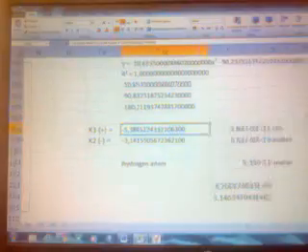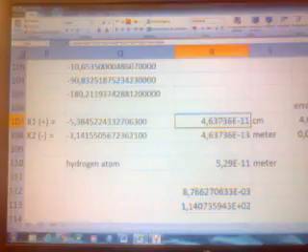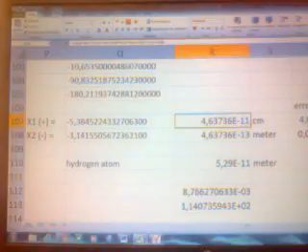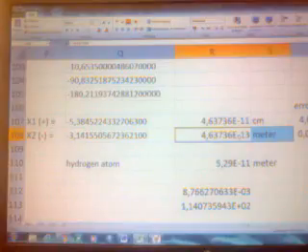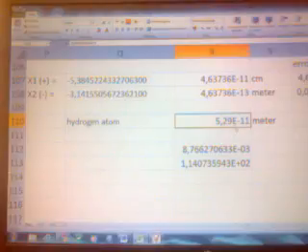I will zoom in for a moment. Based on that, I have an error of 4.63736 times 10 to the minus 11 centimeters, because we did a whole graph in centimeters, which in meters is times 10 to the minus 13. A hydrogen atom is 5.29 times 10 to the minus 11 meter.